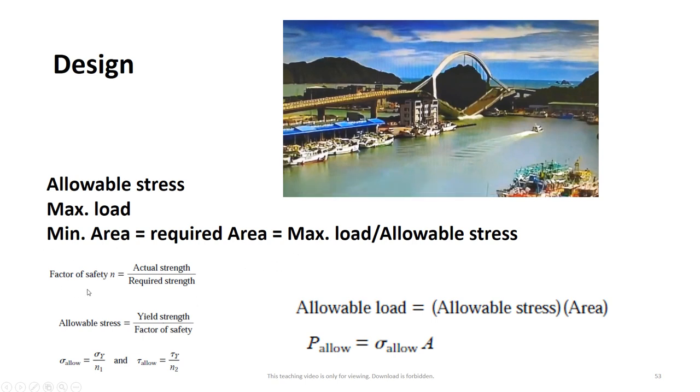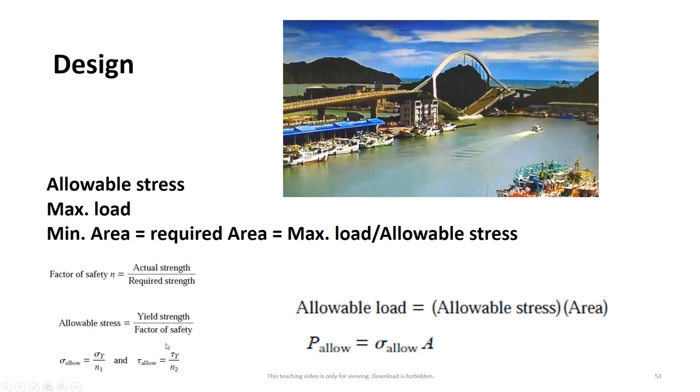So it is the most important thing for you in the design. You need to put some safety here to over design. And also, what is the allowable stress? The allowable stress is the yielding stress divided by the safety factor.